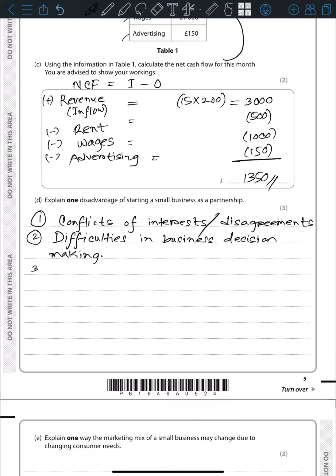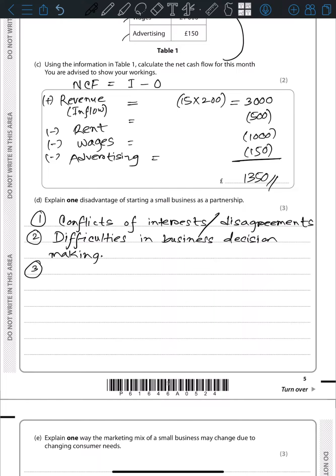Okay, so if there are difficulties in making decisions, if there are conflicts all the time, and we cannot work independently, that will in turn translate into businesses not properly functioning, businesses not being able to meet the needs and wants of their customers. This will also basically increase my costs, but then we can just write one of them.